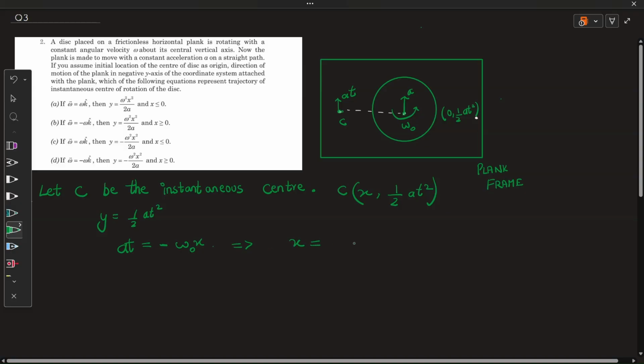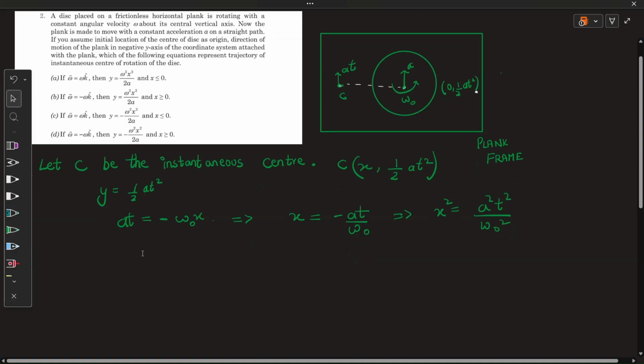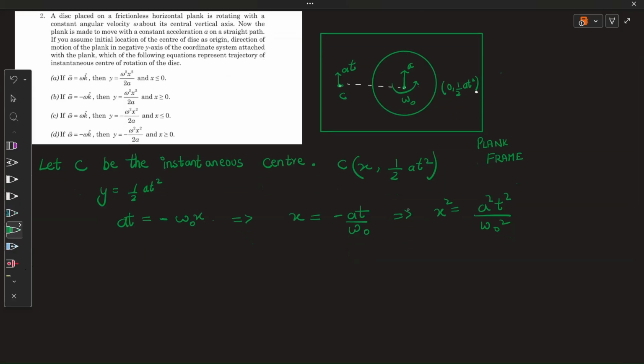So what I get is x is nothing but at by omega naught, minus at by omega naught. If I square both sides, I get x square is nothing but a square t square by omega naught square. Now t is the thing which we have assumed, that is the time. So we have to eliminate these two things.